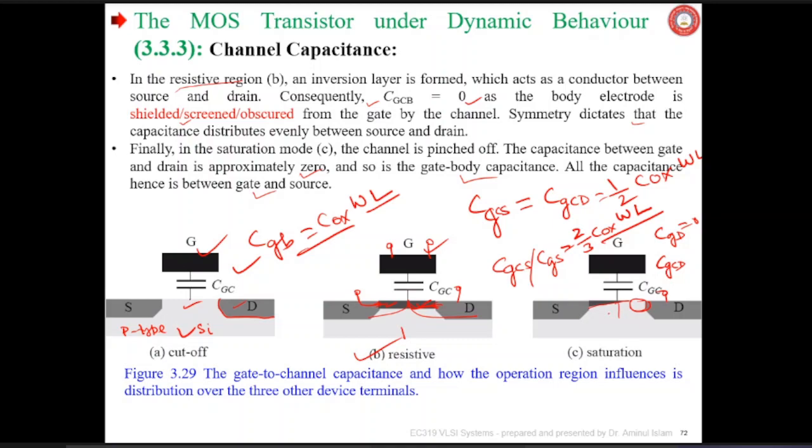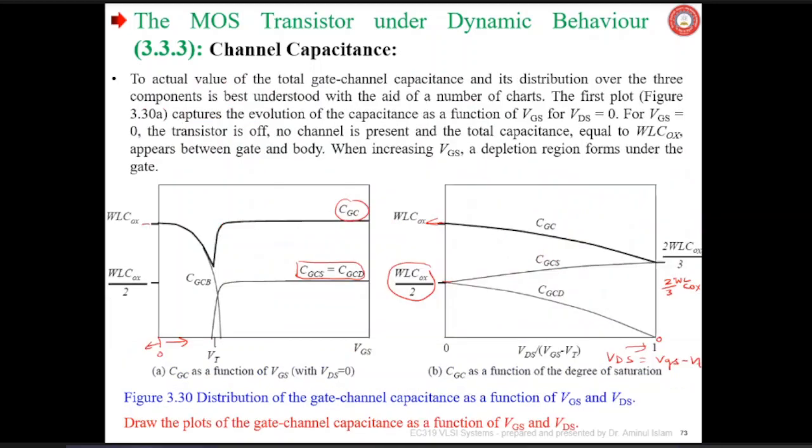Okay, going to the next slide. I hope you have understood. See, when the gate voltage is 0, there is no channel, and the capacitance CGCB, or I will denote that CGB, is maximum, equal to WL into Cox.